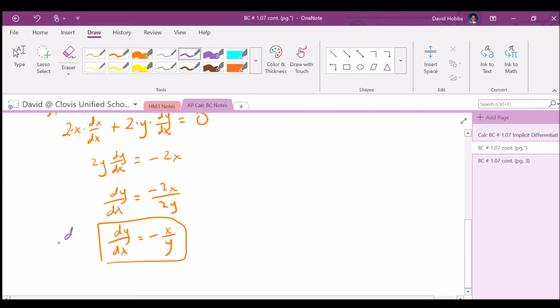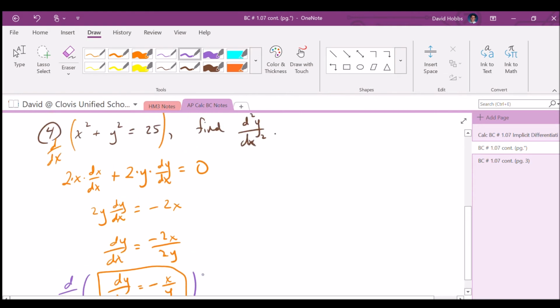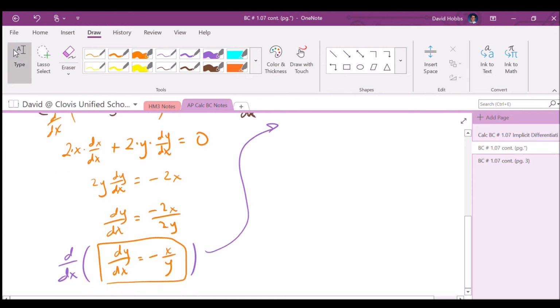So, and I'm going to move it up over here. Okay, so we get the second derivative of y with respect to x right here equals, okay, now, negative. Let's just say the negative goes with the numerator right there. It's a quotient, so quotient rule: low d high with respect to x.